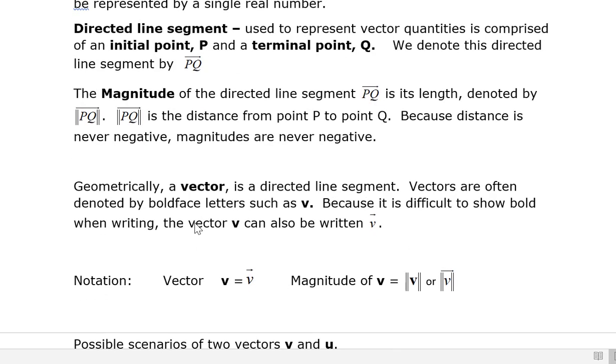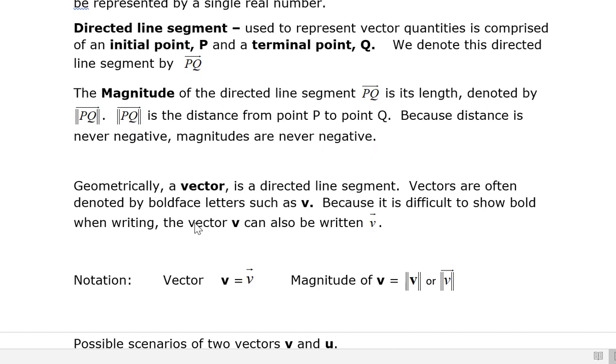Also, when we draw vectors, we can use a single letter, V, or W, or U, but we would write that in bold. Now, when you're writing it yourself, it's really hard to show bold. So on a computer, if you're using a word processor, you can use a bold letter V, or any letter, but it should be in bold to indicate a vector.